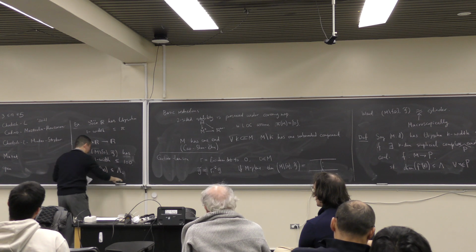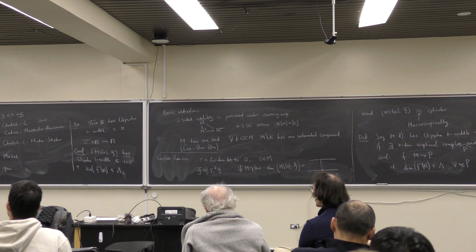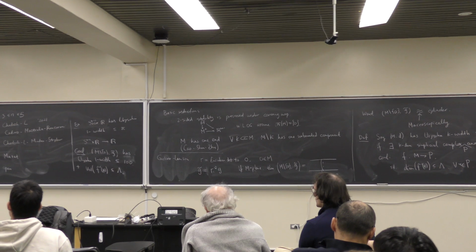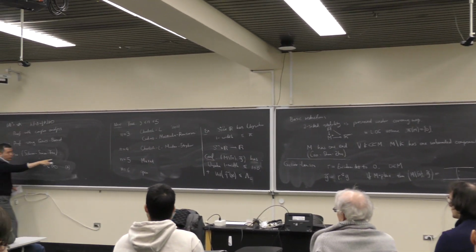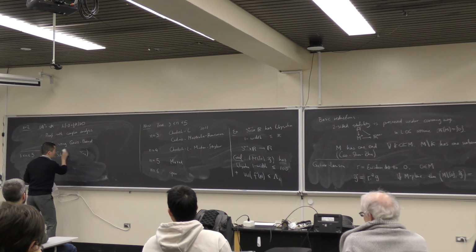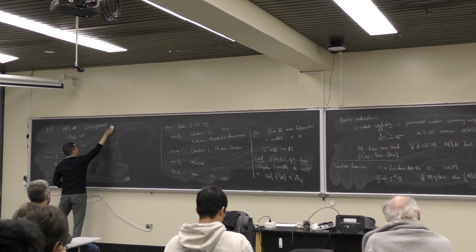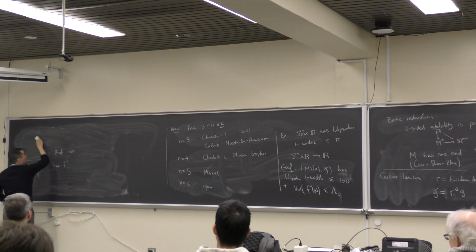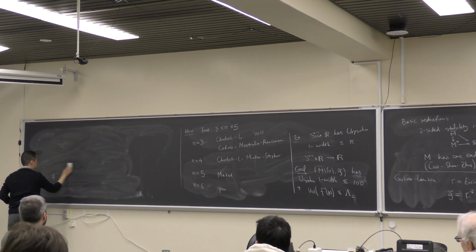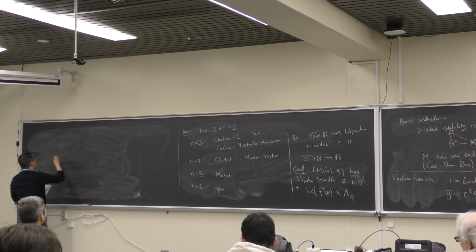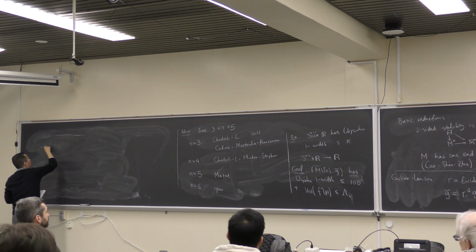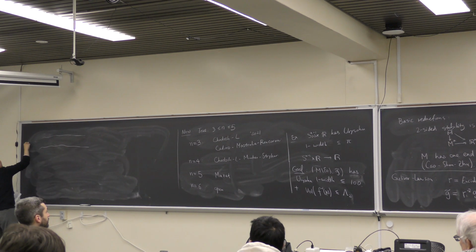I'll write it down. Let me try to convince you that after this, if one can show something like this, then we're done. The reason is basically because of the scaling. So pretend that we can show something like that, with M minus origin and the g tilde metric.